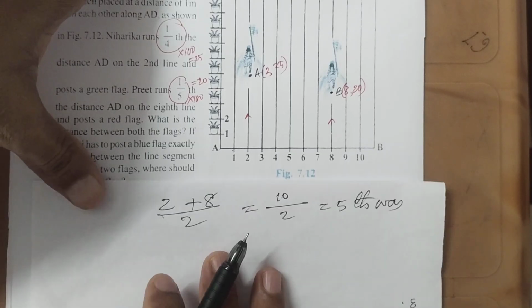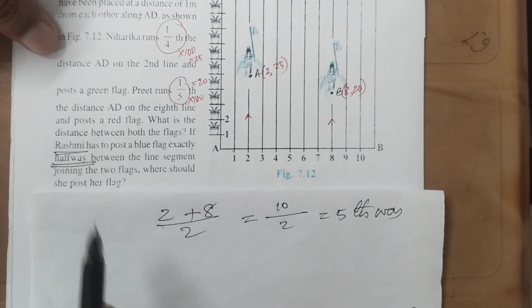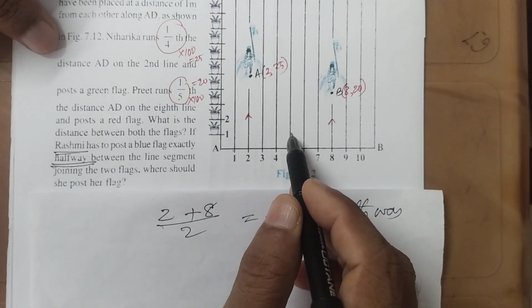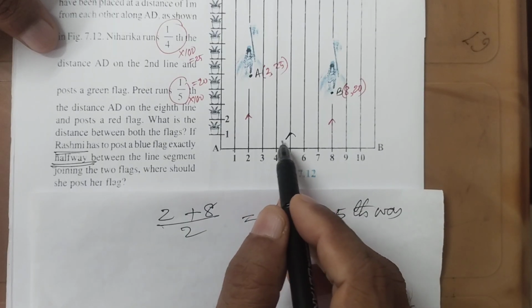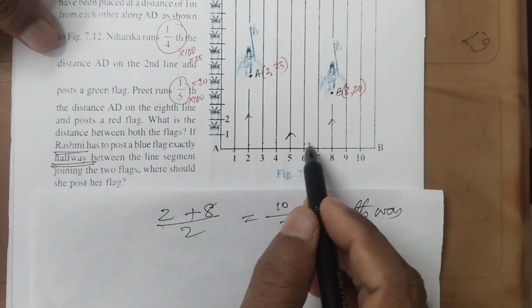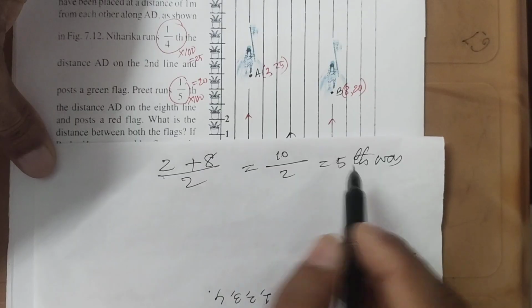Second part, okay? Which person? Rashmi. That means Rashmi has to follow the 5th way. It will be in the halfway, you see. After calculation, you can see the gap here. This side also 1, 2, 3. This side also 1, 2, 3. That means it is exactly in the middle. So Rashmi has to follow the 5th way.